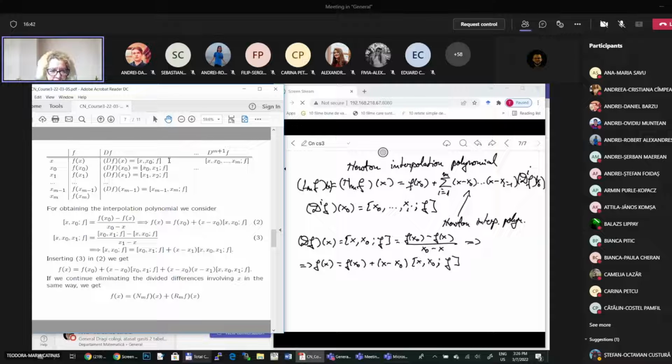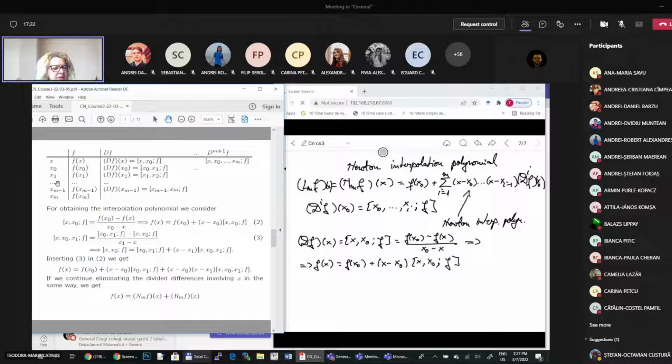We continue, and if we write the second order divided difference at the point x, what should be here? The second order divided difference is the first element from the next column. It is given by the previous column, next line, minus the previous column, current line, divided by x1 minus x.